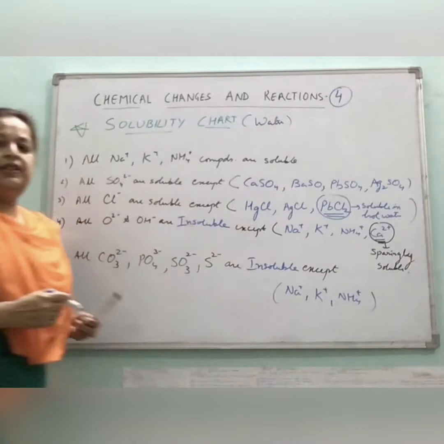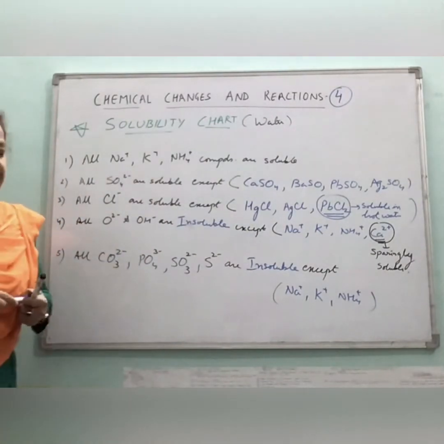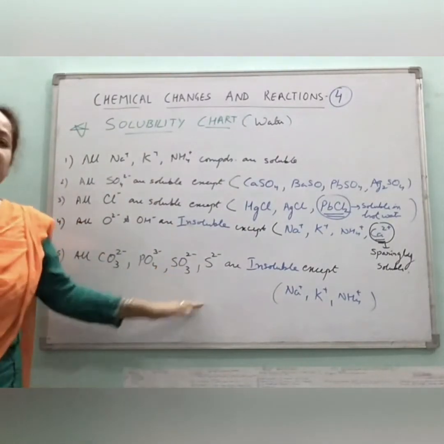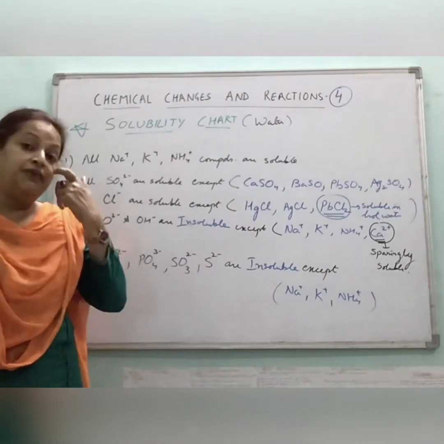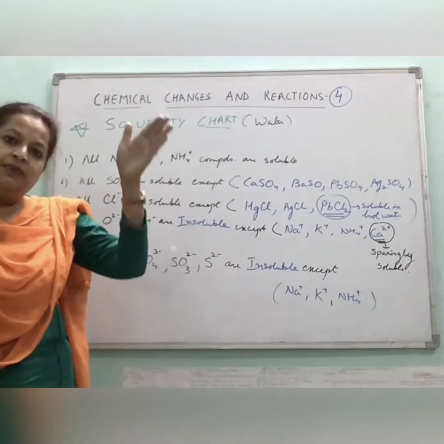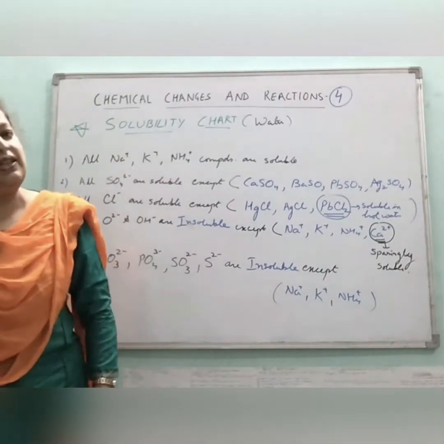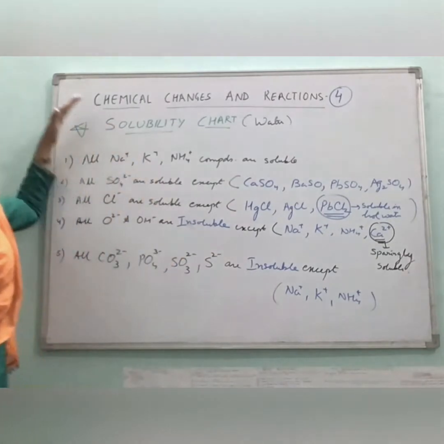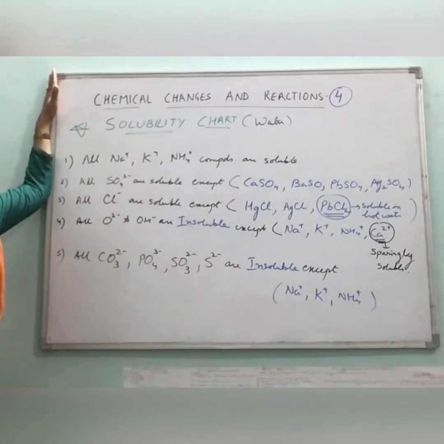Except for these 3, all carbonates, sulfides and phosphates are insoluble. And which ones do you have to remember? Those metals which you do in the activity series, right? Those only. So this is the solubility chart, right?